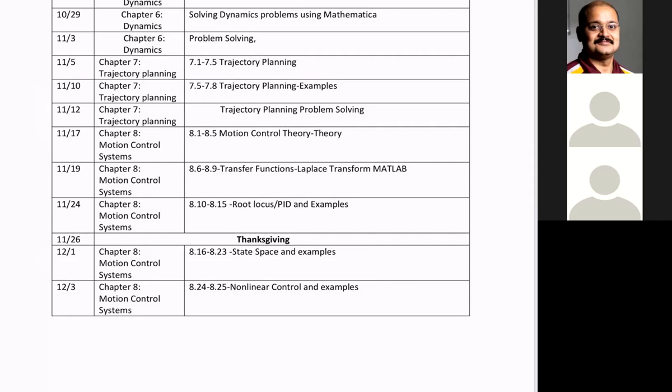So please understand, we will have a good amount of material covered in this course. And all this information is super important and a prereq to the Robotics 2 coursework. Most of you will be taking Robotics 2 in spring.